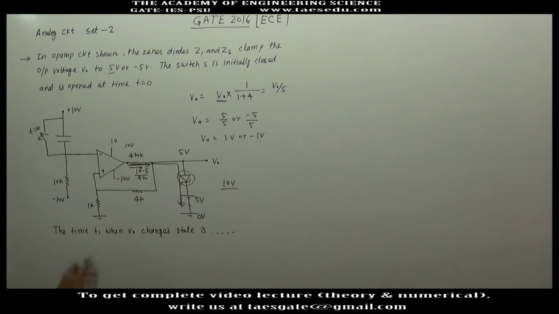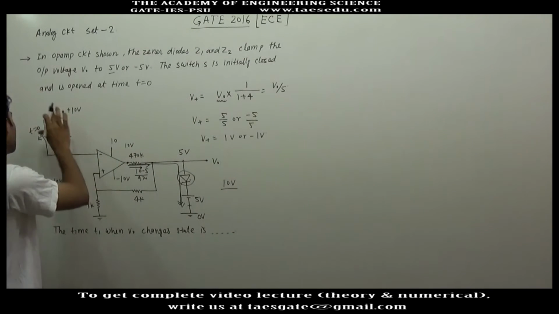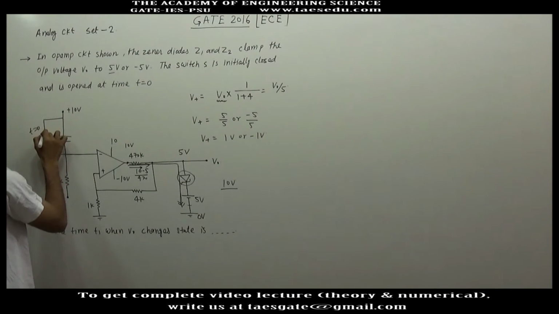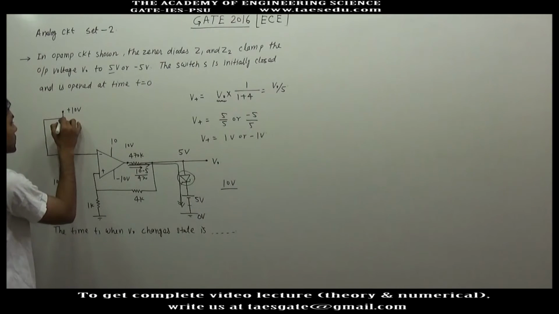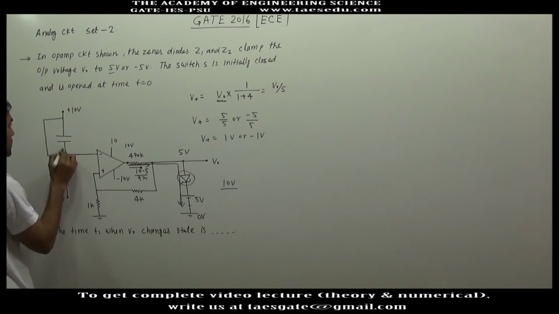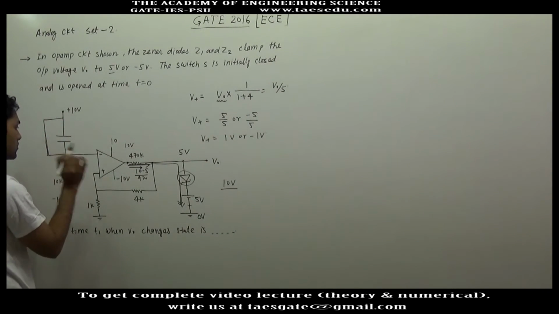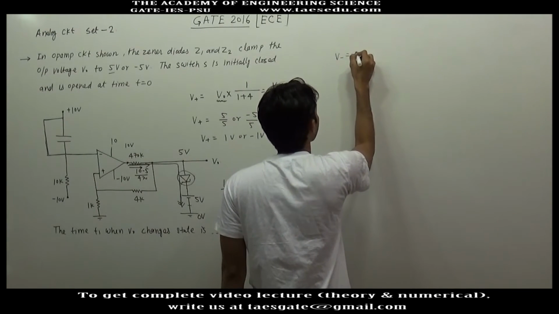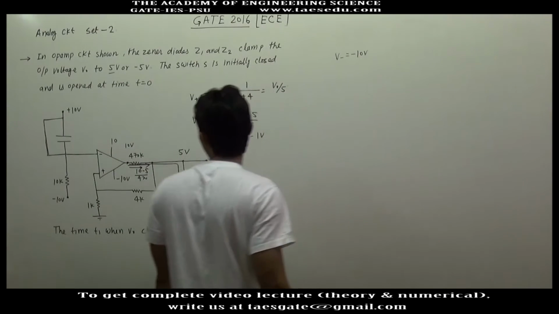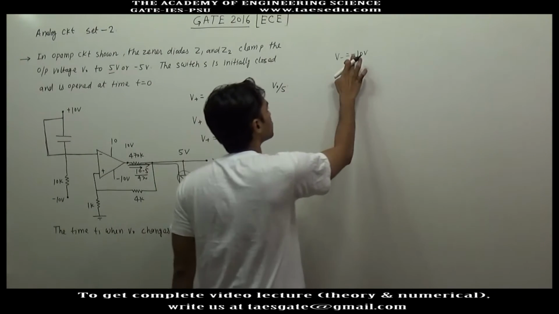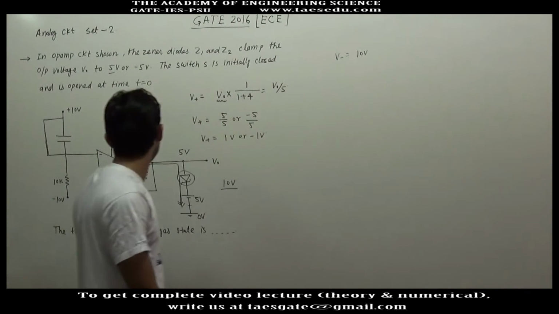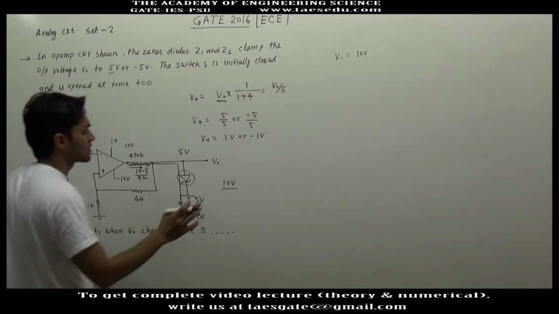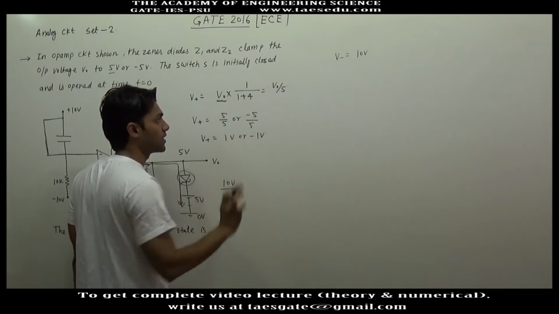Okay. Now in this question it is given that the switch is initially closed. So if it is closed initially, V minus will be at 10 volt, since this is short. So V minus is equal to 10 volt, not minus 10 volt, and V plus may be 1 volt or minus 1 volt.